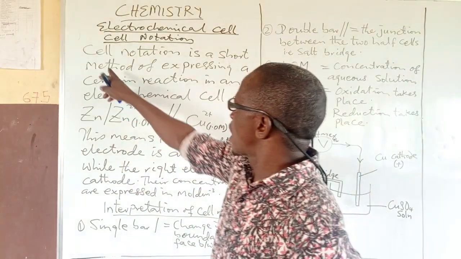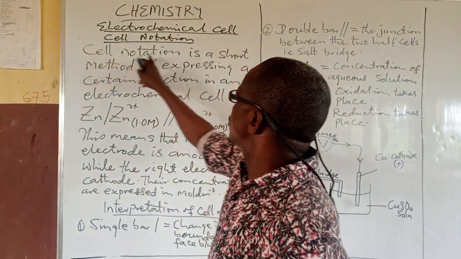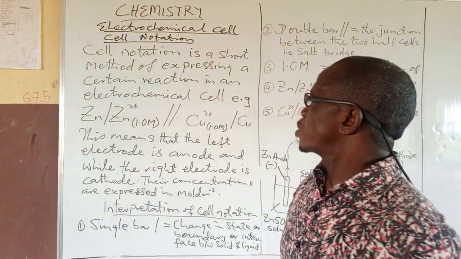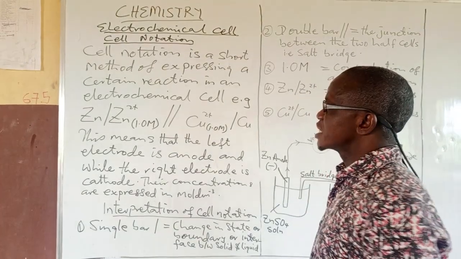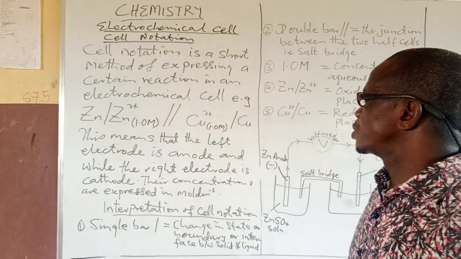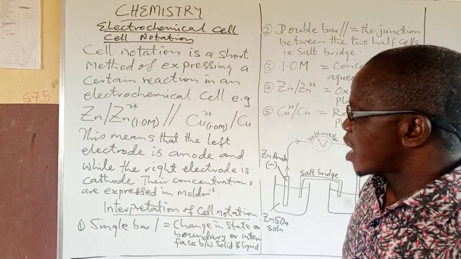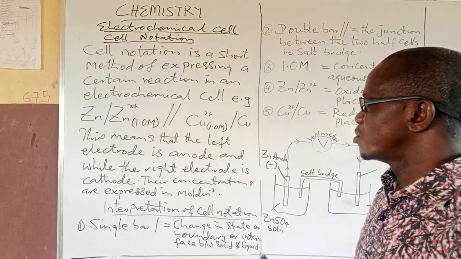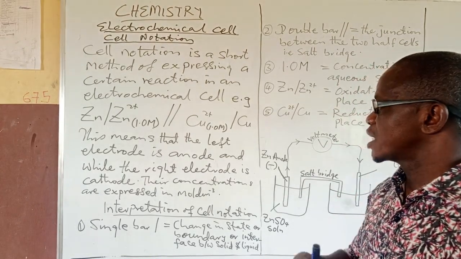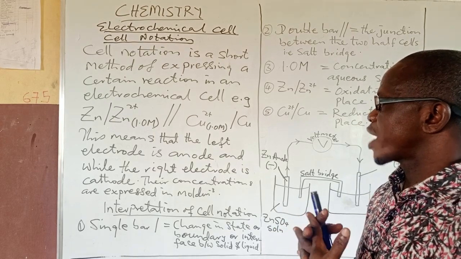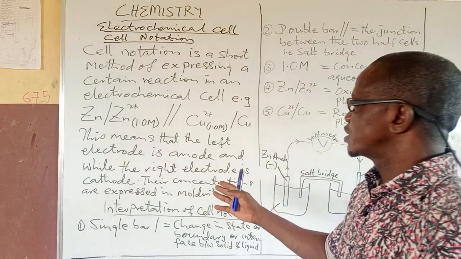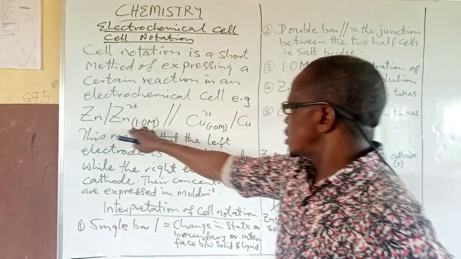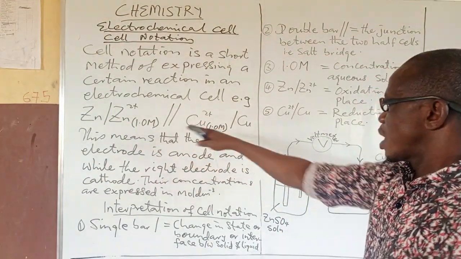It is a short way of expressing a chemical reaction in an electrochemical cell. For example, this is a cell notation.